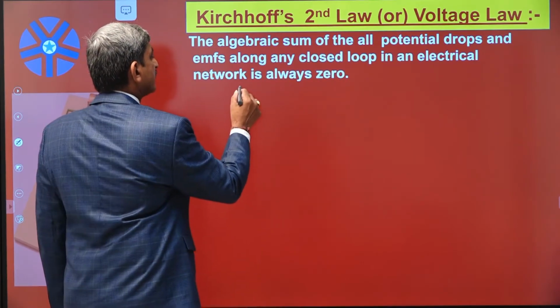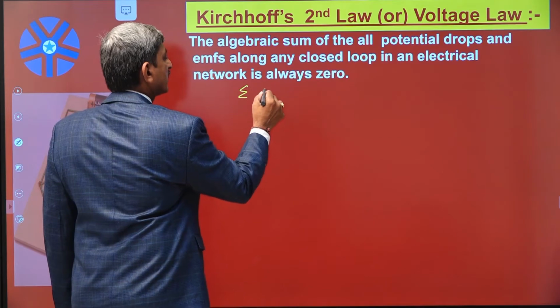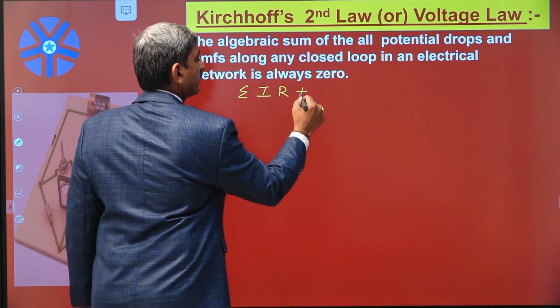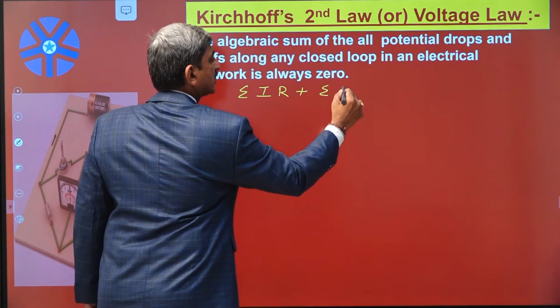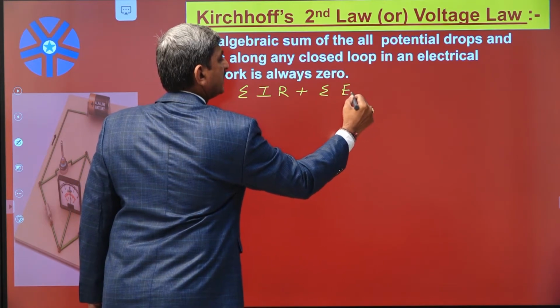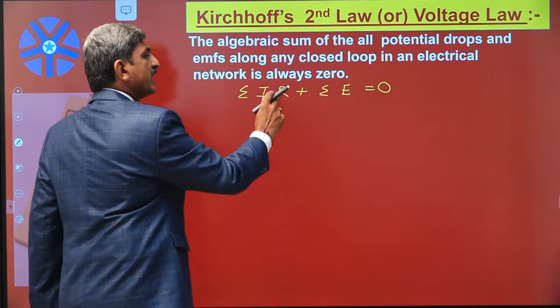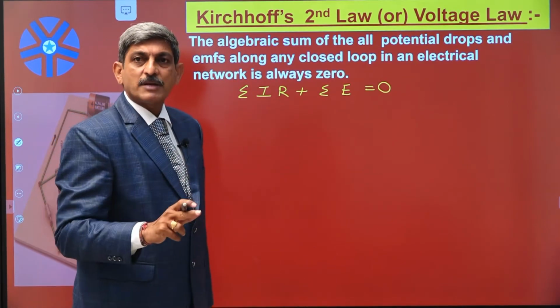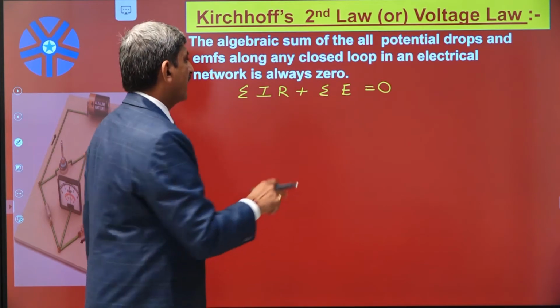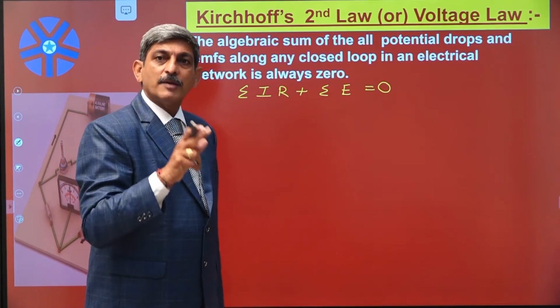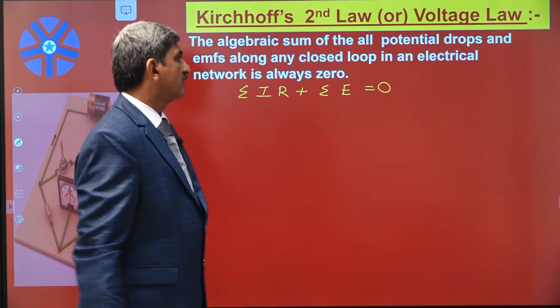Mathematically we can write it as sigma IR plus sigma E is equal to 0. This sigma IR is the algebraic sum of all potential drops, and this sigma E is the algebraic sum of all EMFs in the closed loop.